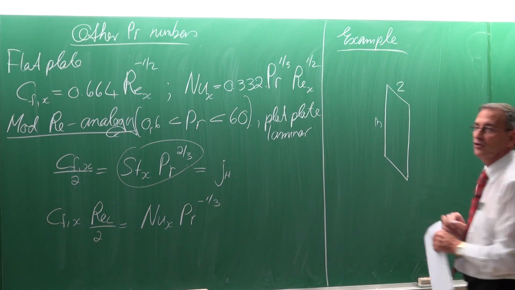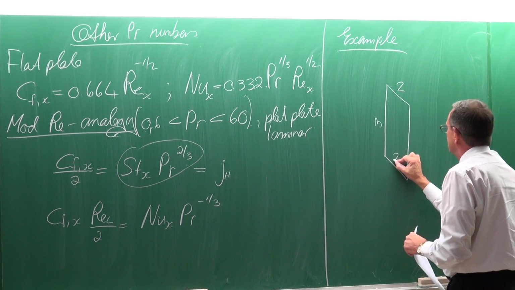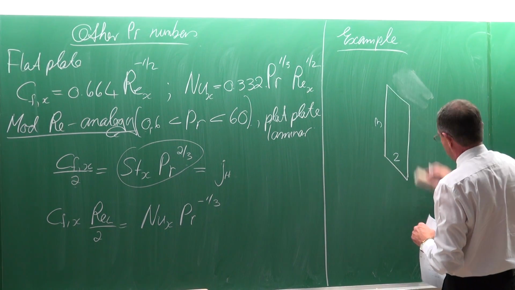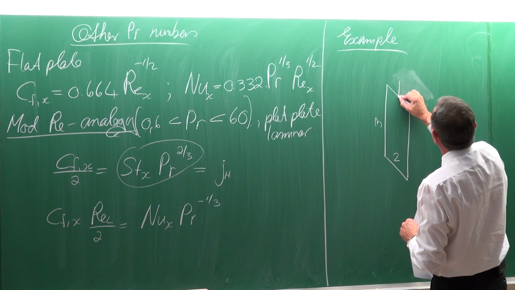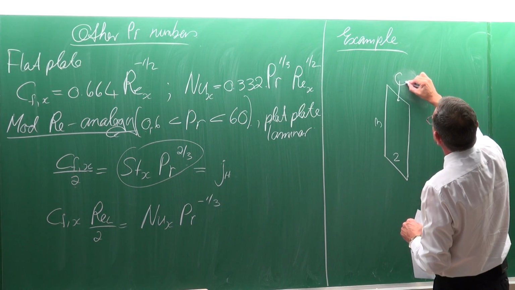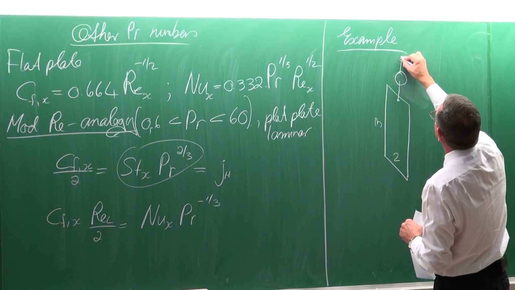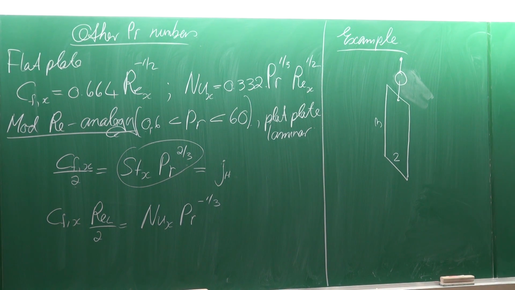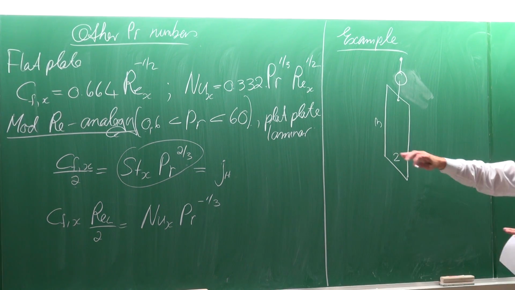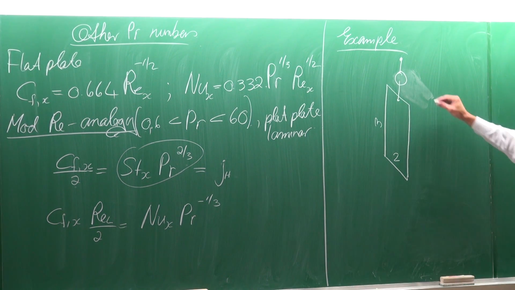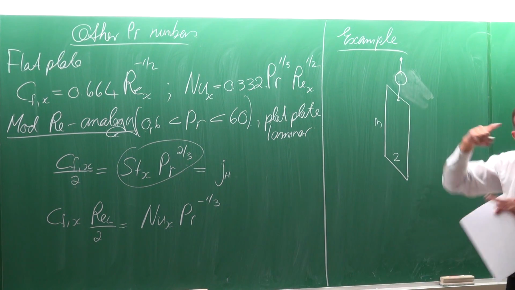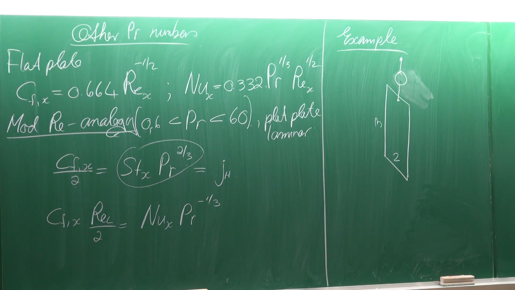This flat plate is hanging on a rope, and we have a scale that can measure the drag force on it. As it hangs in still air, we zero the scale, because there is no drag force on it except its own weight.